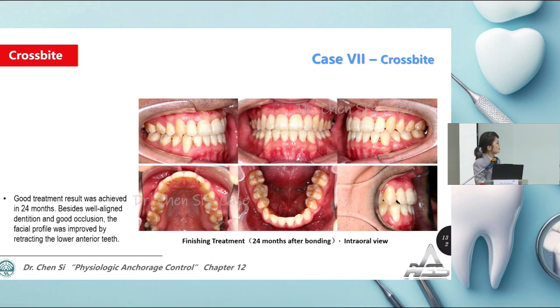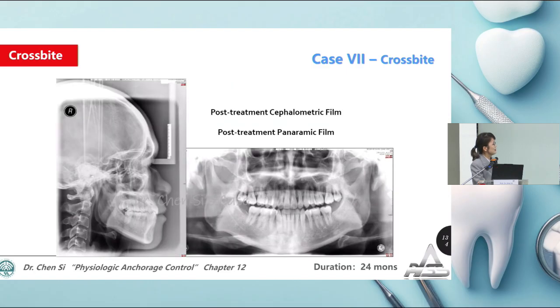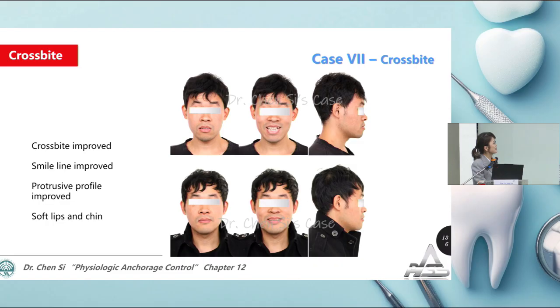Besides well-aligned dentition and good occlusion, the facial profile was improved by retracting the lower anterior teeth. We can see the profile was improved well. We can see the neutral molar and canine relationship, the crossbite corrected, very good overbite overjet and coordinate midline, and maximum intercuspation.